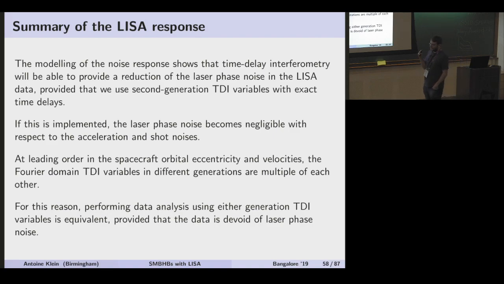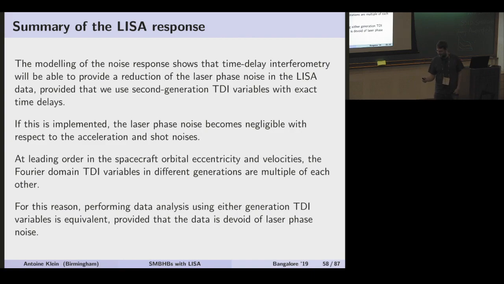So the short summary: if you want to do simulation and simulate data and try to recover it, you can use the simplest TDI variables, and the result that you will get, at least to leading order in the spacecraft orbital eccentricity and velocities, will be the same as if you used the most complicated TDI variable.